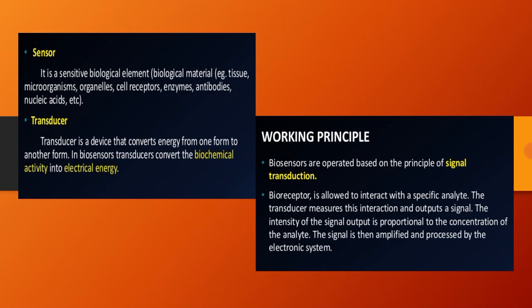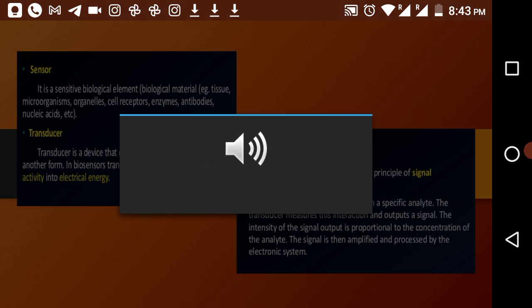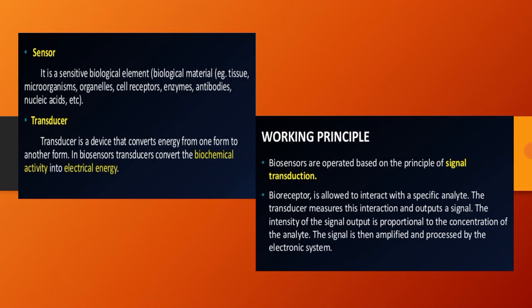So it is a sensitive biological element. For example, microorganisms, cells, organelles, cell receptors, antibodies, enzymes, nucleic acids, and many more we can use in the biosensor, right? So these are responsible for sensing the molecules, sensing the reactions.